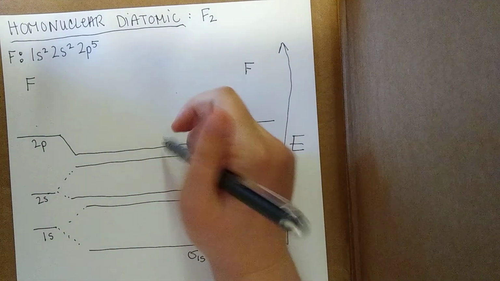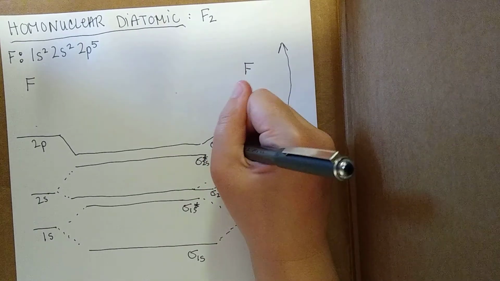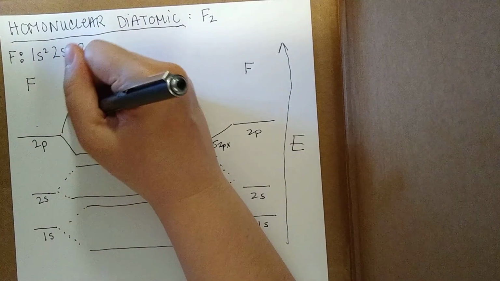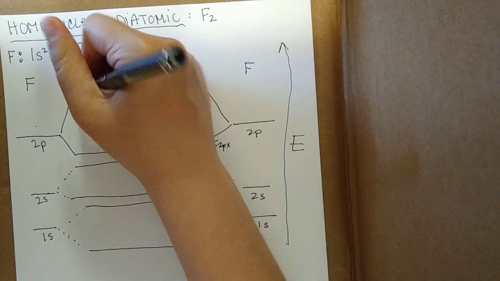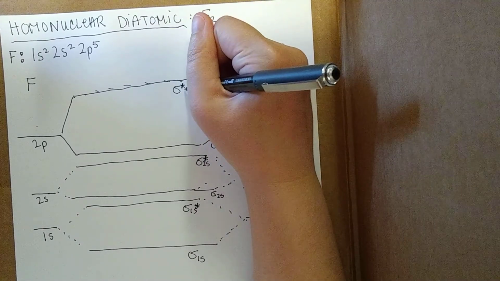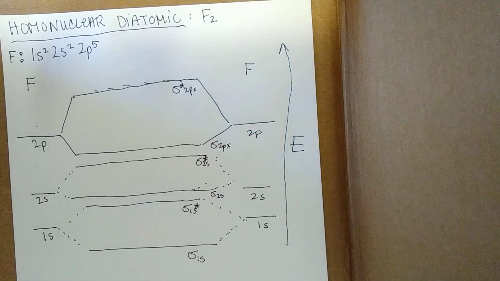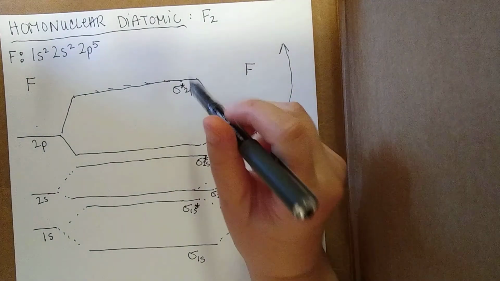So we're going to draw our sigma from the 2px, and of course there's a corresponding anti-bonding orbital. So this is going to be our sigma star 2px. That takes care of our sigma orbitals.